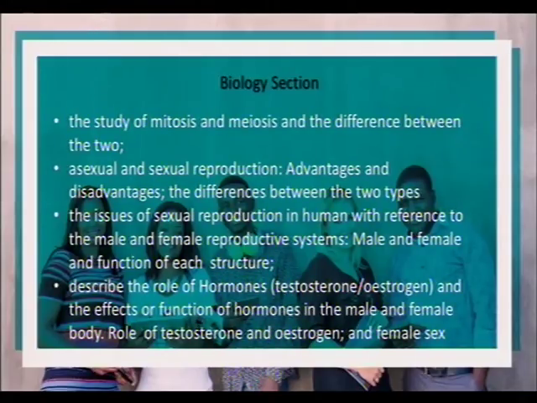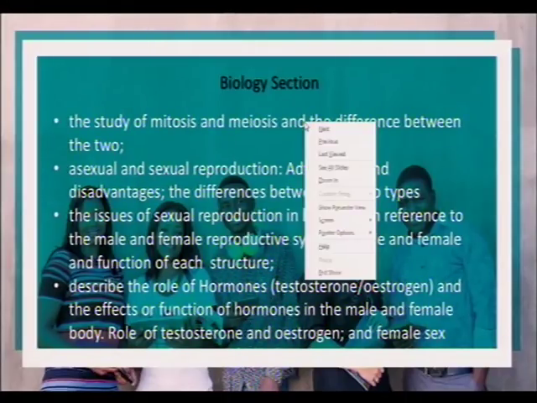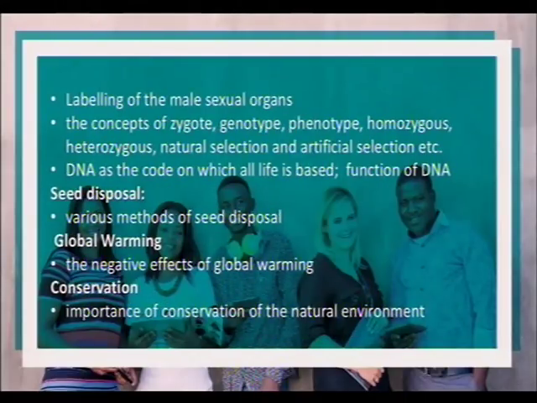Basically, it also means that you have to read a lot in this section, because it covers a lot of content: sexual reproduction, the advantages of sexual reproduction and asexual reproduction, the female reproductive system, the male reproductive system, the role of hormones, and the effect and function of hormones in the male and female body, the role of testosterone and estrogen, as well as DNA as the code on which all life is based, and also the function of DNA.